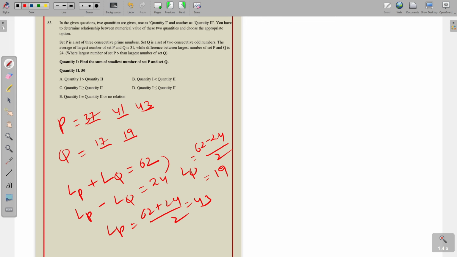Now what they want is the sum of smallest of P plus smallest of Q. SP is 37 plus SQ is 17. These two total 54. Quantity 1 is 54, quantity 2 is 50, which means the first one is greater than the second one.